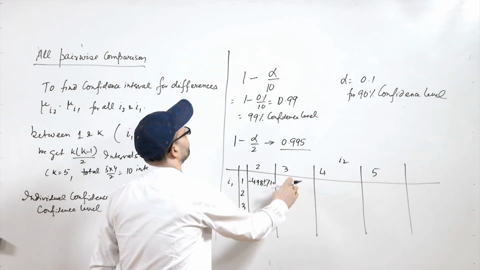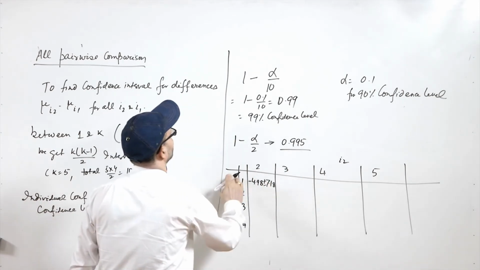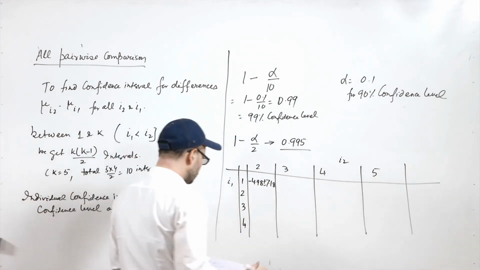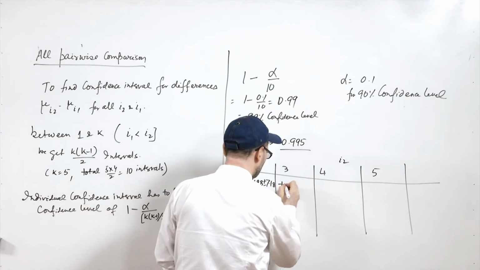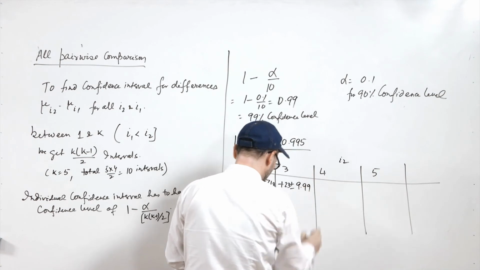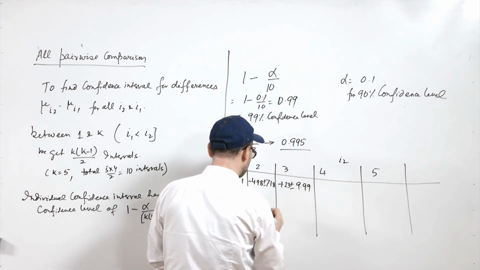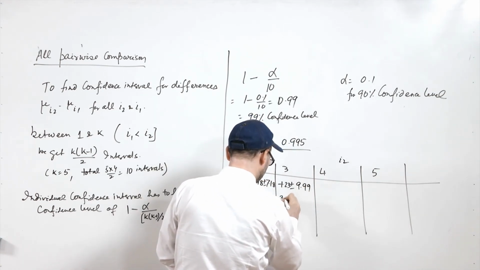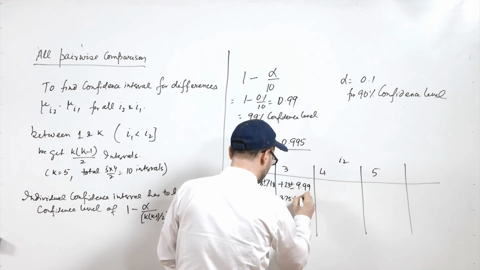For the third one we will have two values, third minus 1 and third minus 2: minus 1.23 plus minus 9.99, and then third minus second, 3.75 plus minus 9.58.